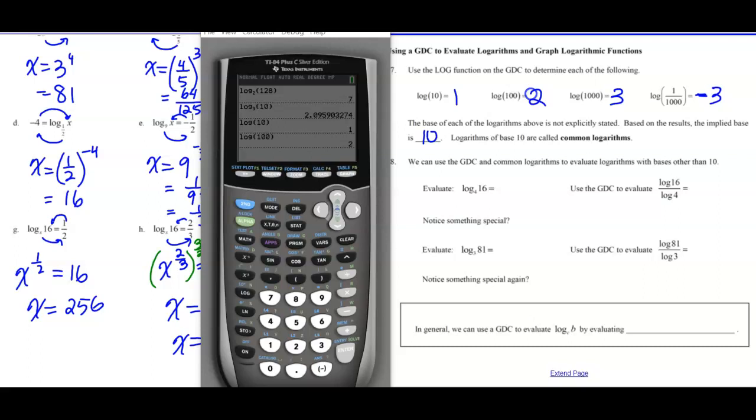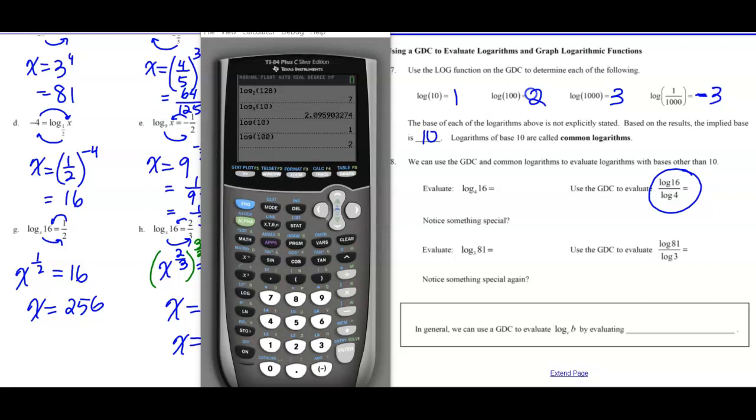So let's say we are asked to do this, and let's say you just had a regular scientific calculator that just had log, like this one. I want you to enter this into your calculator. Don't answer that right away. Well, I guess you could, but let's do it.